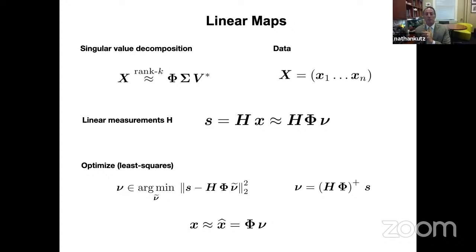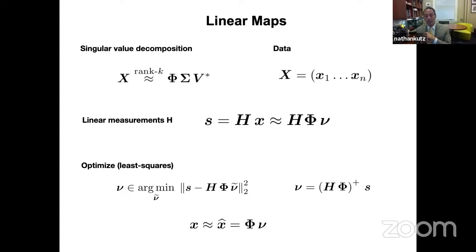So suppose I have some linear measurements H. So just look here. S is equal to HX. And X itself, though, can be approximated in a low rank subspace by its projection onto those SVD modes. So in other words, phi nu. So nu tells me the projection of the X onto this low rank subspace.